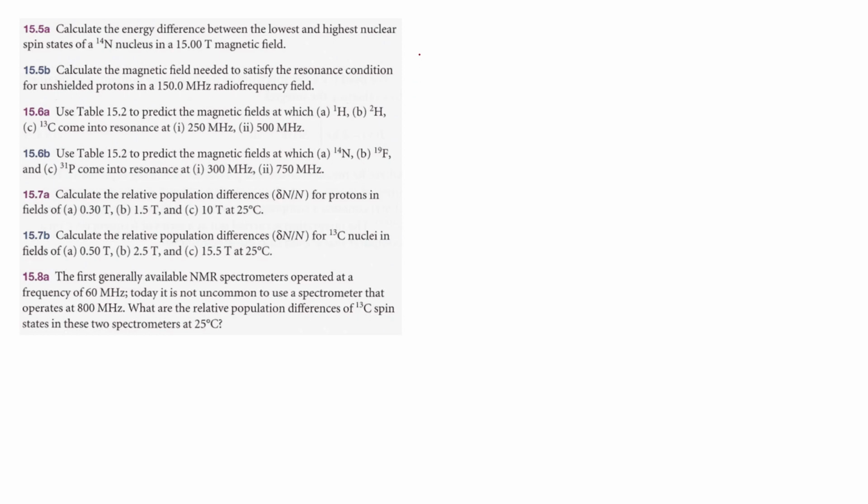Let us see how we have done it just earlier, how in a magnetic field it will split for a 14N. 14N has a nuclear spin value of 1, so it will split into 3 states, with plus 1, 0, minus 1.